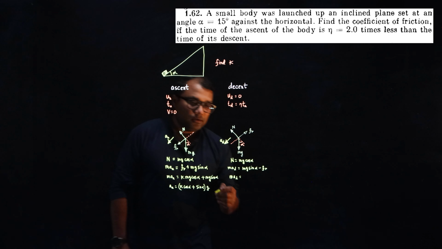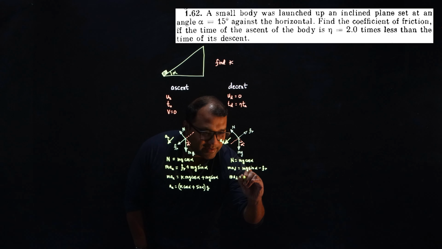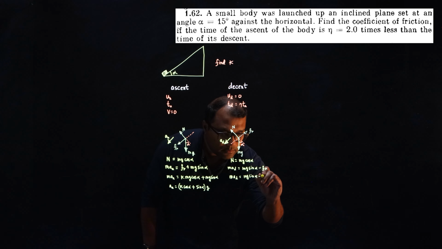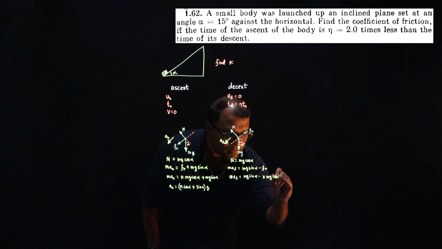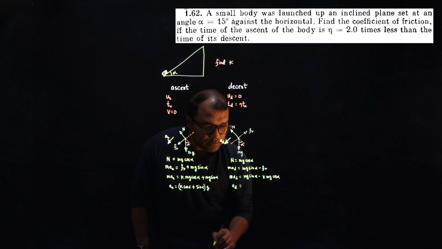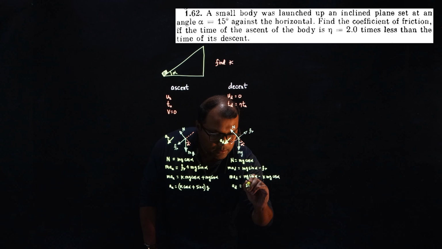In short, MAD is mg sin alpha minus KN, which is K mg cos alpha. So AD is sin alpha minus K cos alpha, times g.